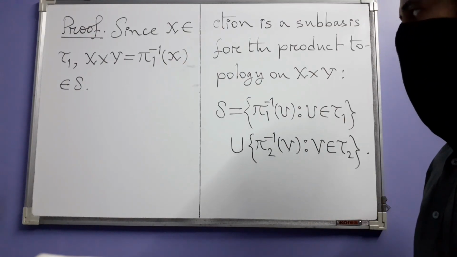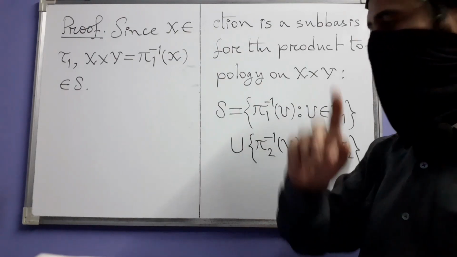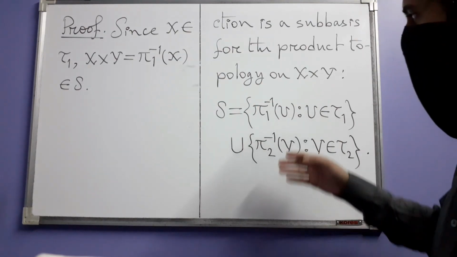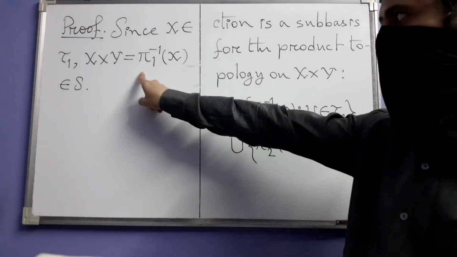But we do not have to go very far to show that that union is actually equal to X times Y. That is because one of these sets is in fact itself X times Y, this one.